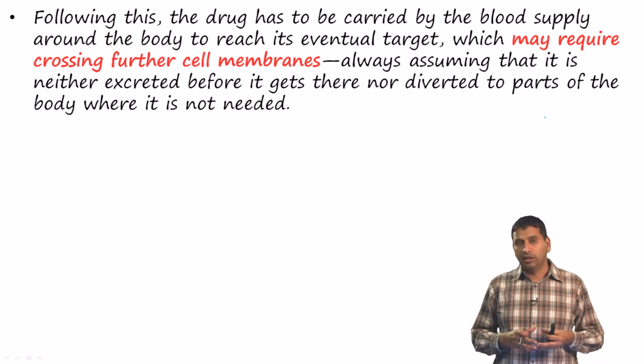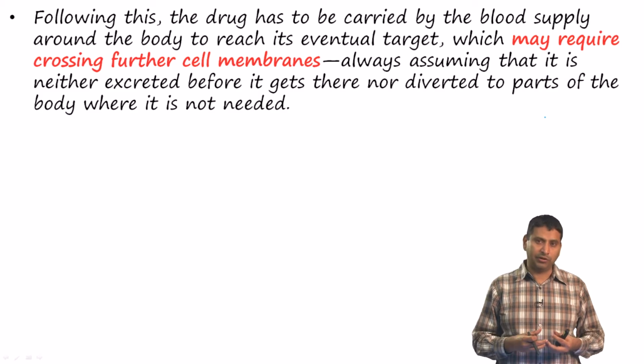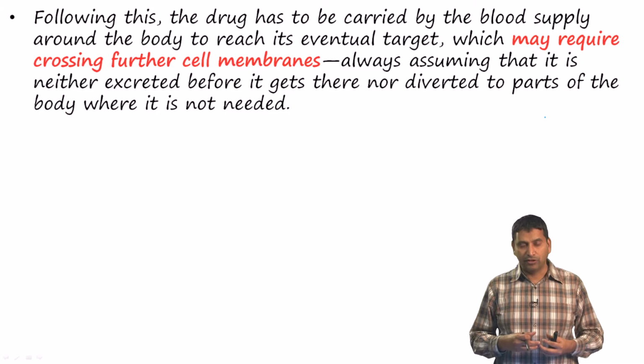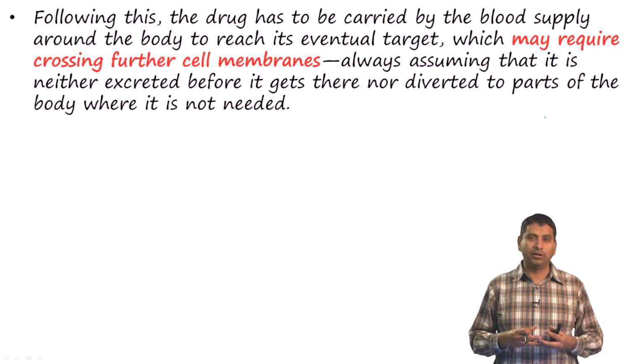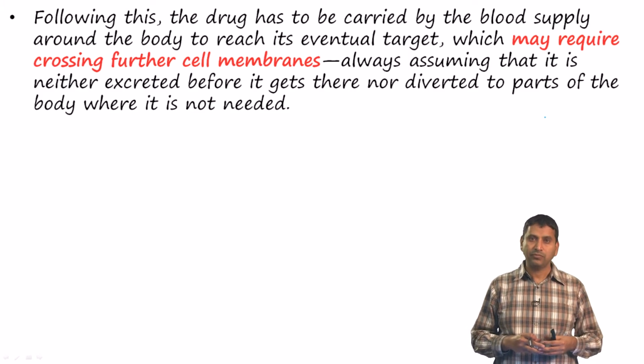So, the drug has to be able to be transported to the area where the infection is present. Or if for example, we take an anti-cancer drug, the cancer may be in one part of the body, and the drug has to reach that part of the body for it to act on the cancer cells, right.